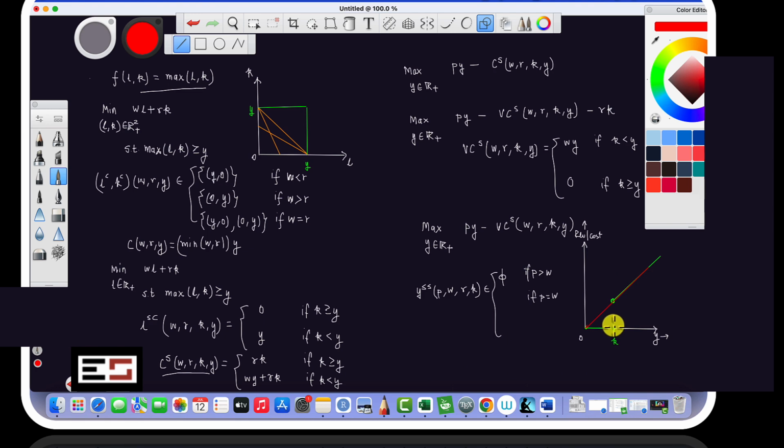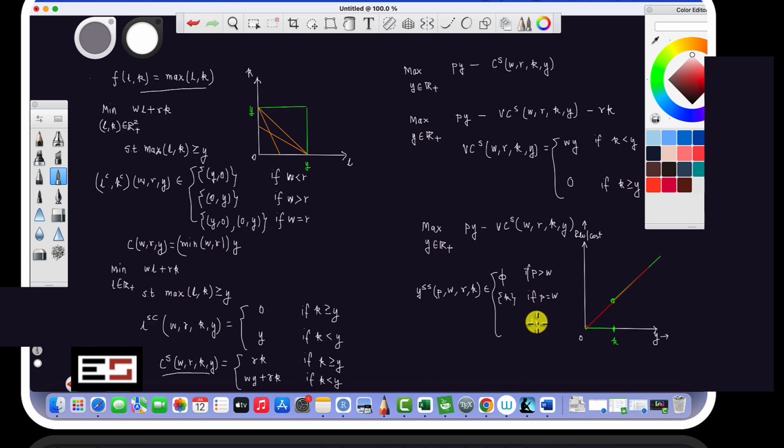And it turns out that that's the optimal choice. So it will be exactly k units of output that you would like to supply.